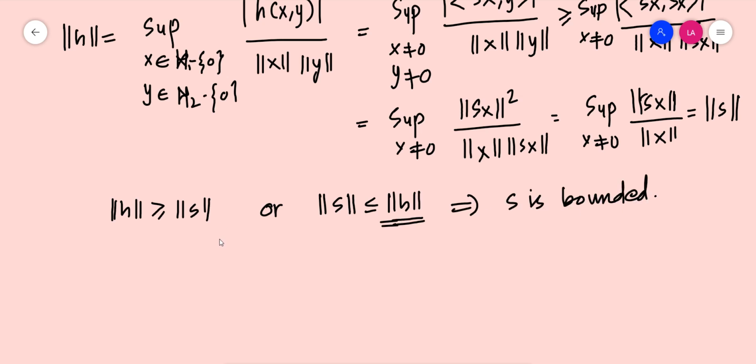So now we have to prove that norm h is equal to norm S. One part has already been proved: we have established that norm h is greater than or equal to norm S. Now we have to prove the reverse part as well.